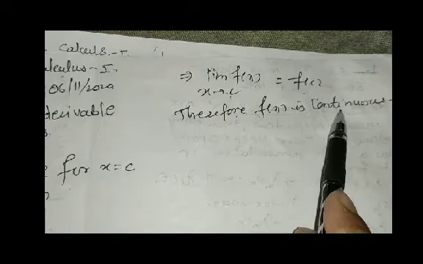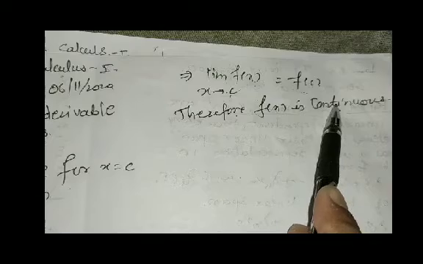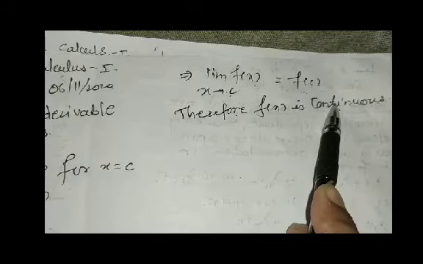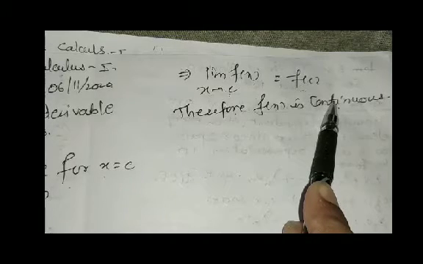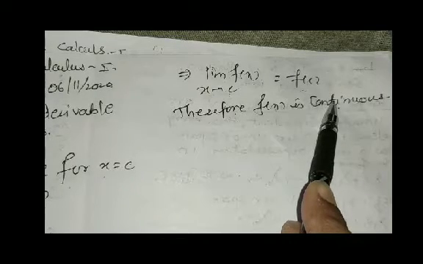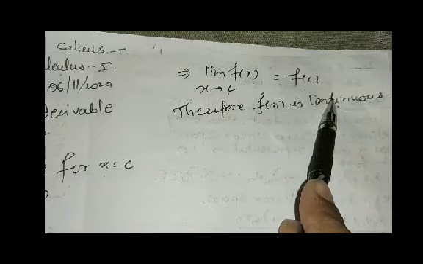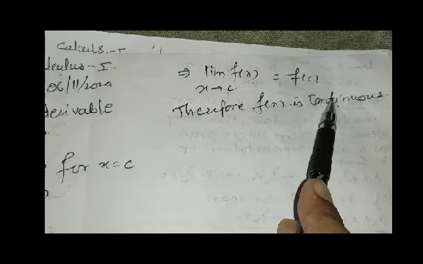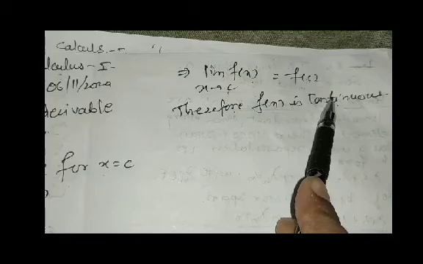So if a function is derivable, then it must be continuous at that point. Every differentiable function is continuous. In the next lecture we will discuss its converse: if the function is continuous, then what about its differentiability?